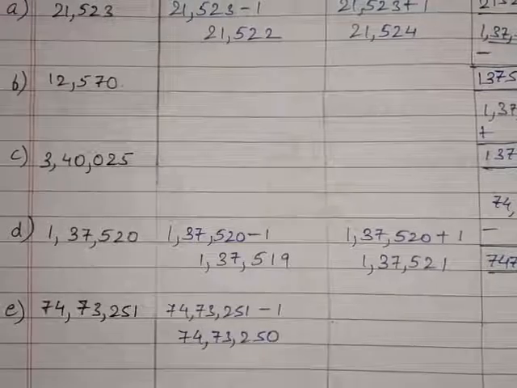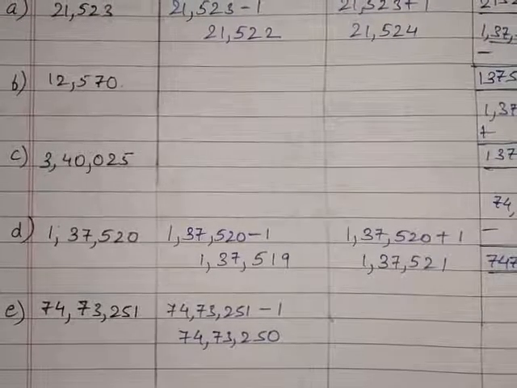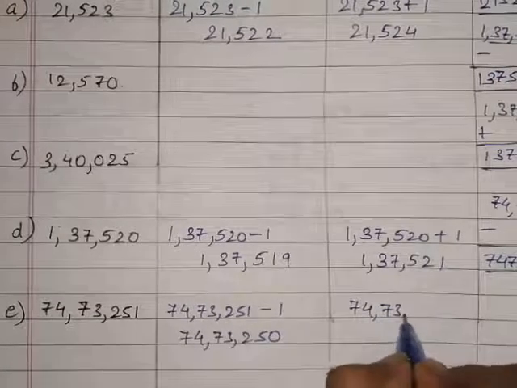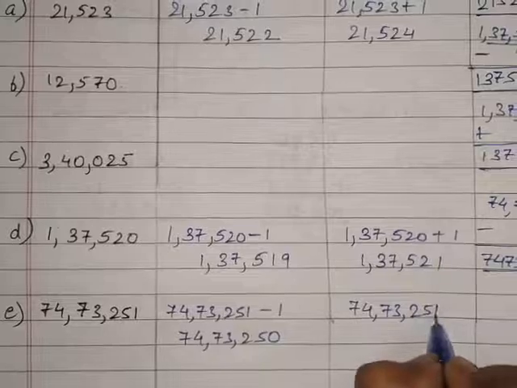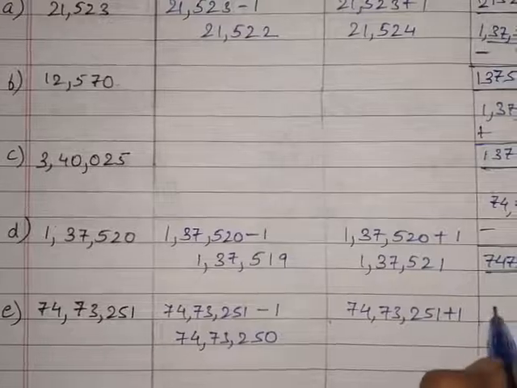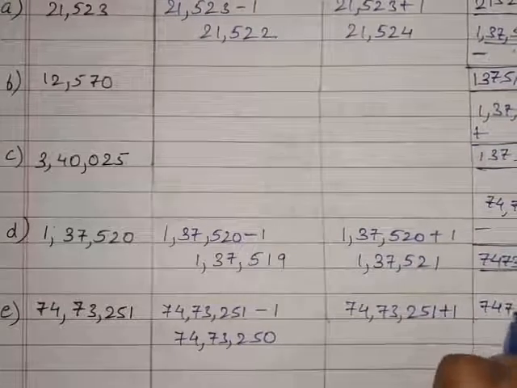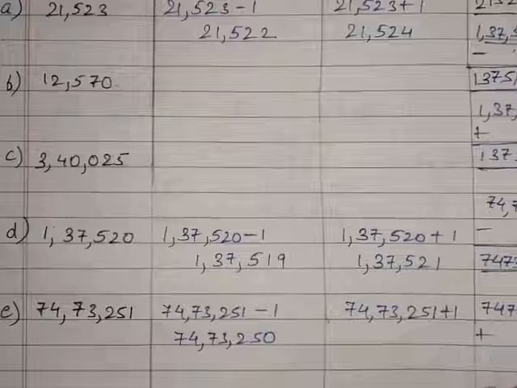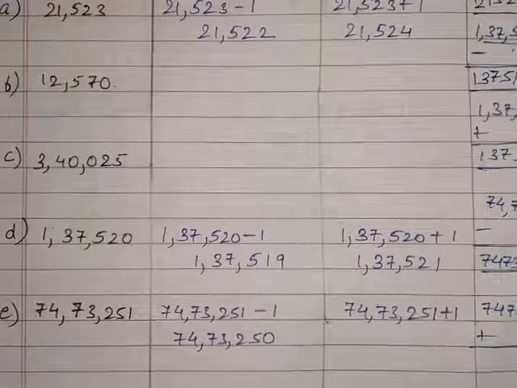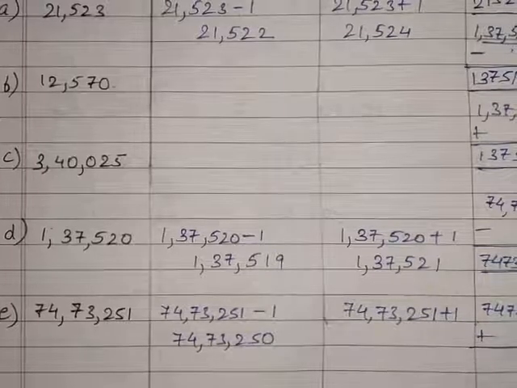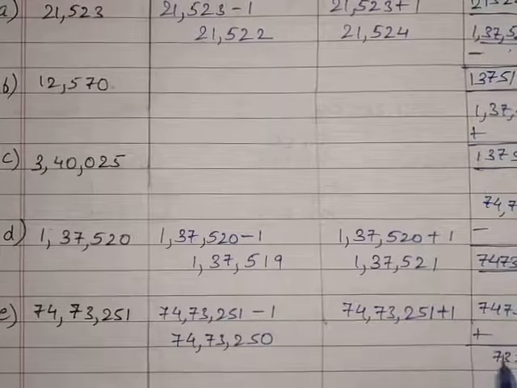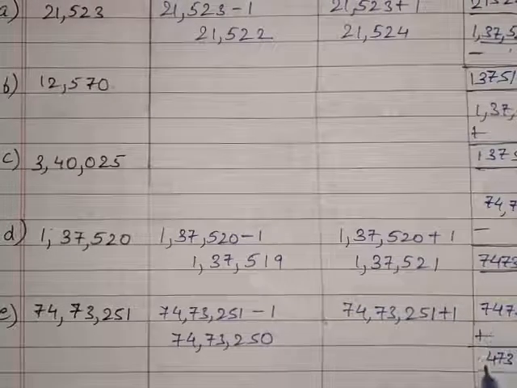What is the predecessor? 74,73,250. Now what is the successor of this number? 74,73,251 plus 1. What do we have to do? Plus 1. We will do it in the rough column. 1 plus 1, 2. 5 plus 0, 5. 2 plus 0, 2. 3 plus 0, 3. 7 plus 0, 7. 4 plus 0, 4. 7 plus 0, 7.